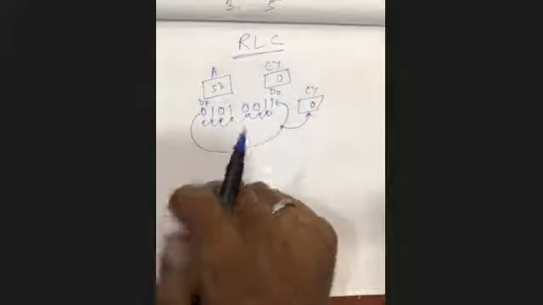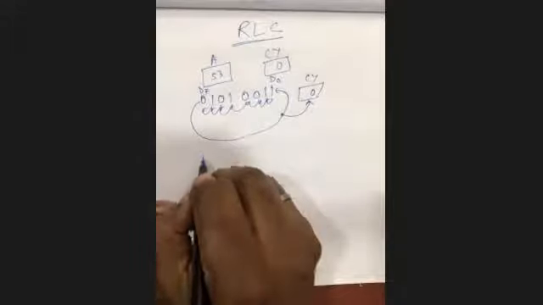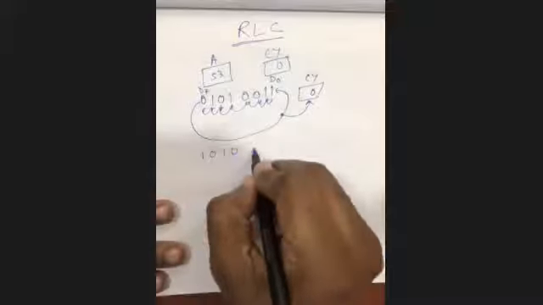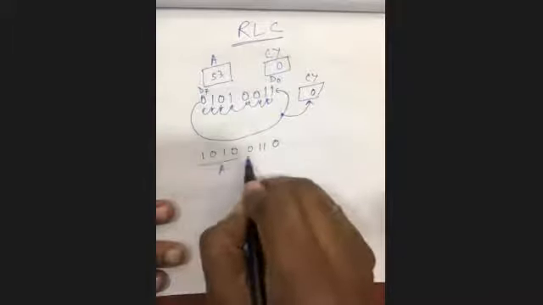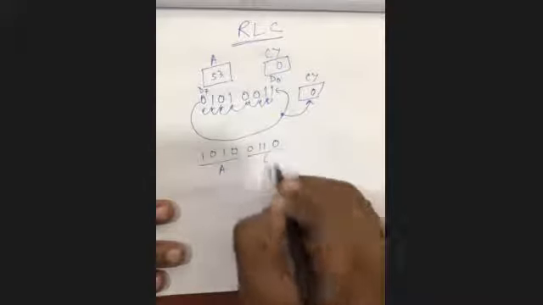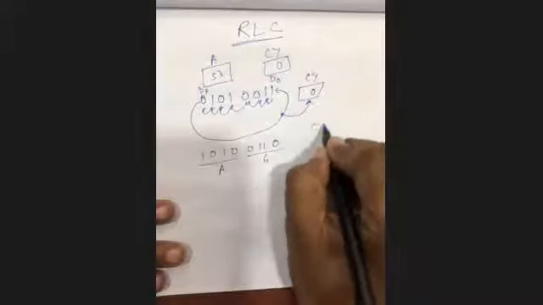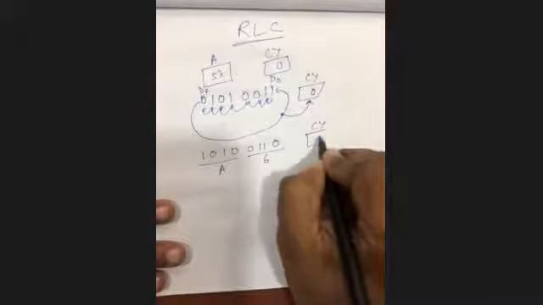So what will be the data? 1 0 1 0 0 1 1 0. That is A6, and the carry flag will again be 0.